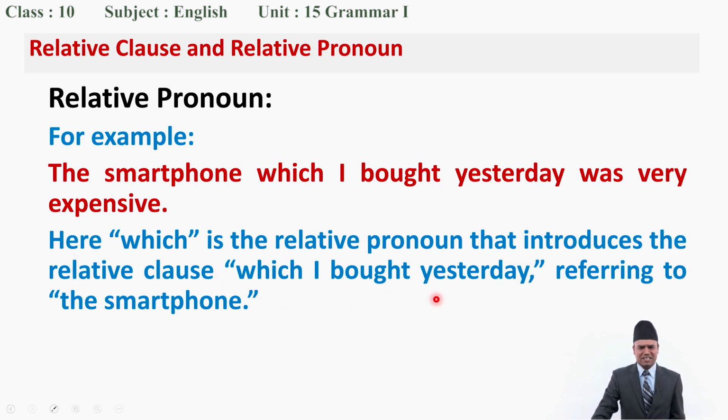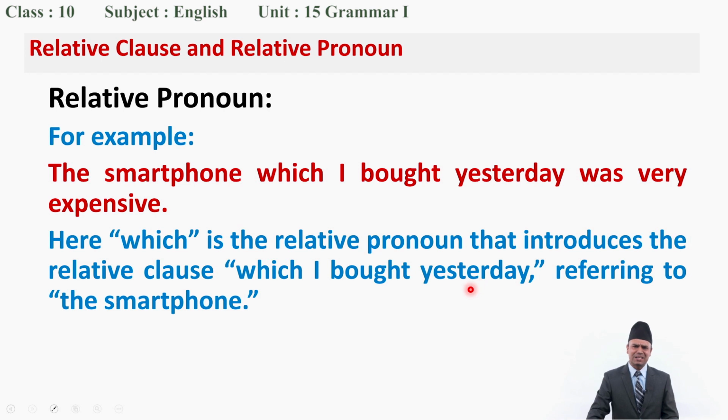Which I bought yesterday is the relative clause. If you say which only, that is the relative pronoun. Are you clear? If you say which I bought yesterday, that is the relative clause.